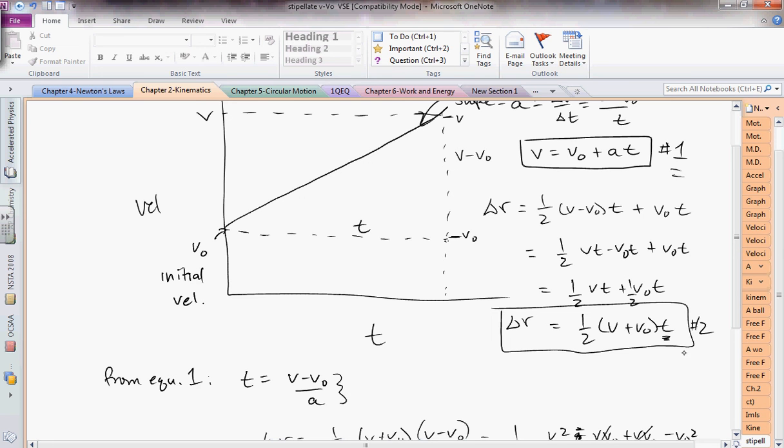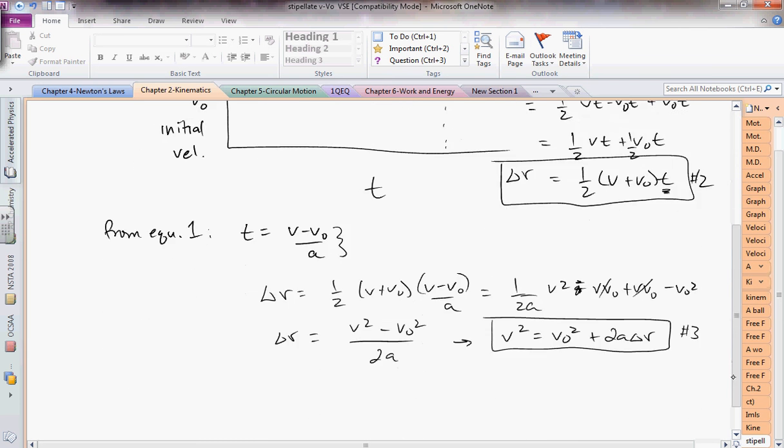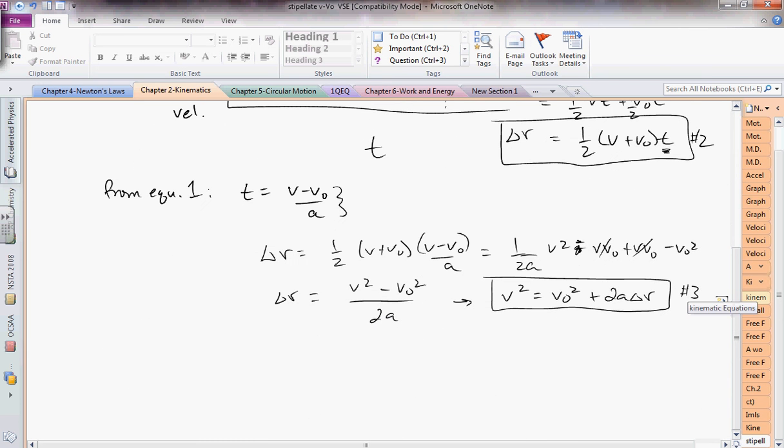If, however, you don't know the acceleration, but you know the final velocity, the initial velocity, and the time, and you want displacement, you can use number 2, because equation 2 doesn't have any acceleration in it. We don't need it for equation 2. As long as we know enough of the other variables, we'll use that one. As we'll see later on in the course, which equation we use is pretty much determined by what we're given in the problem. And so equation 3 is really useful if you're not given time in any way, shape, or form in the physical situation that you're presented with.